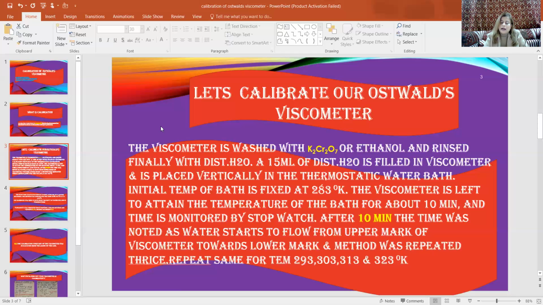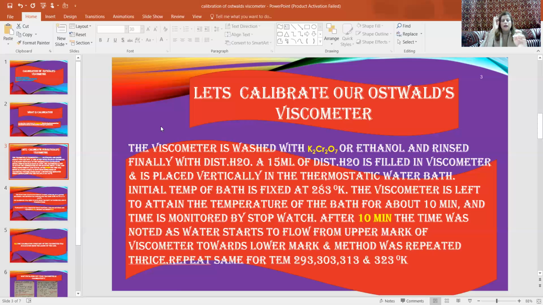Now, after that, you are going to repeat this same procedure for the temperatures 293 Kelvin, 303 Kelvin, 313 Kelvin, and 323 Kelvin. For the rest of the four temperatures, you are going to repeat this same process. This is how you're going to do it.